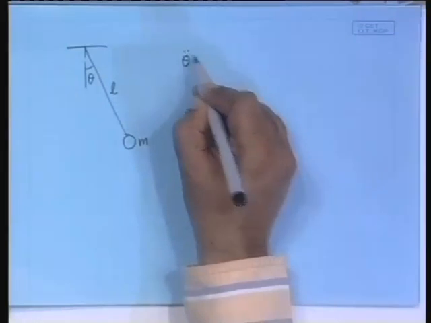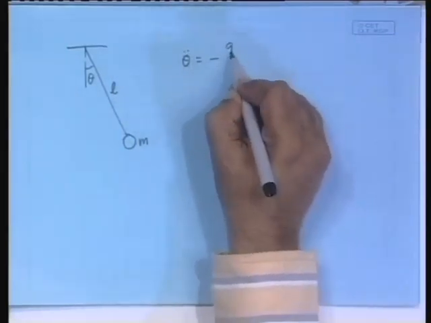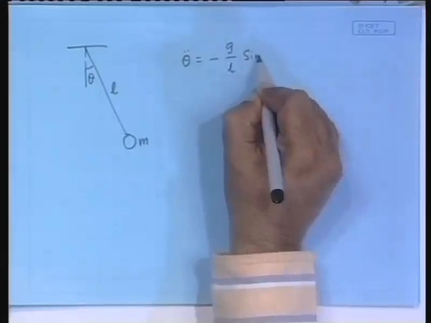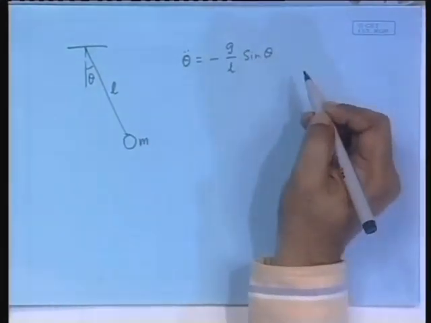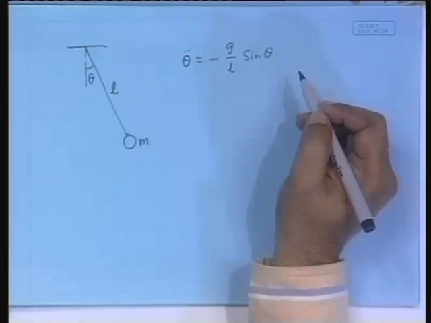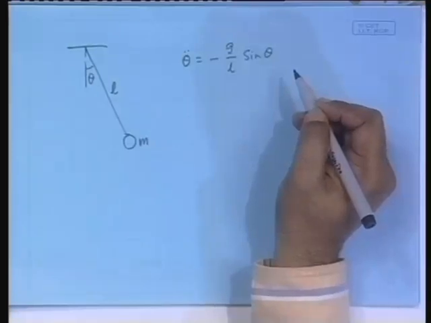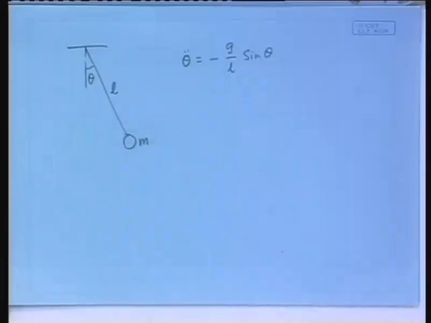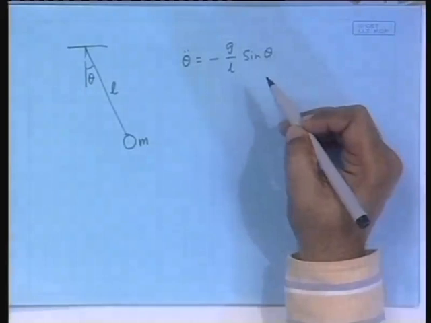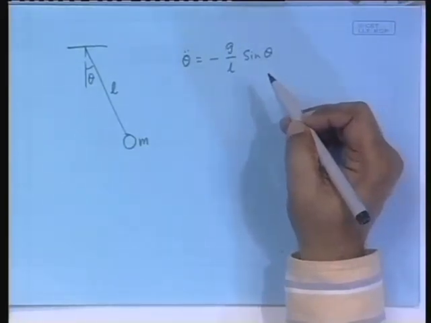If there is no air friction, it will be theta double dot is equal to minus... I will assume that you know. This was done in school, come on, why are you looking so blank? The only problem that you did in school was that sin theta was approximated by theta, and then you went ahead.